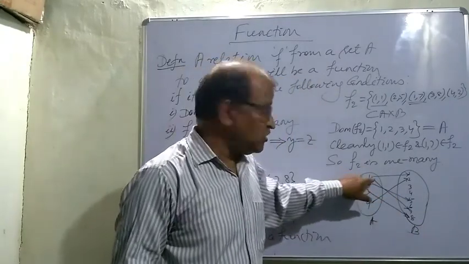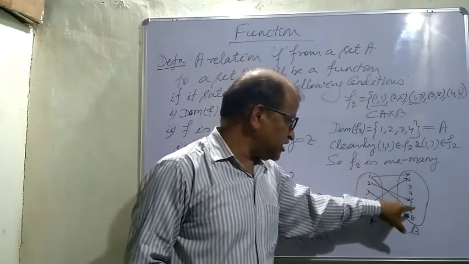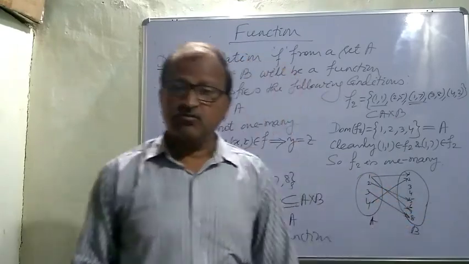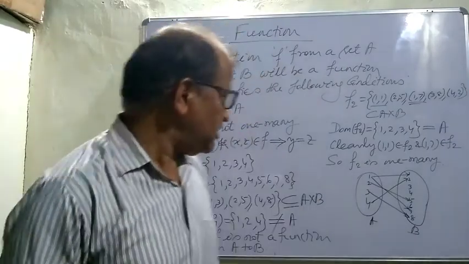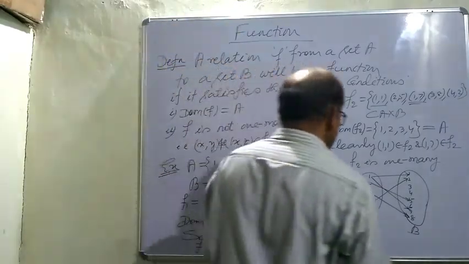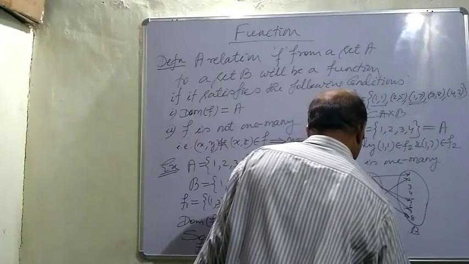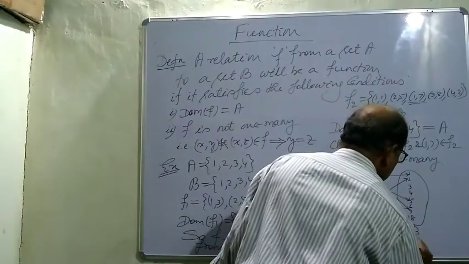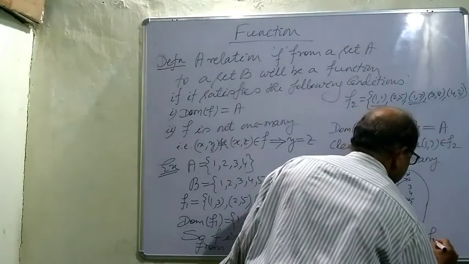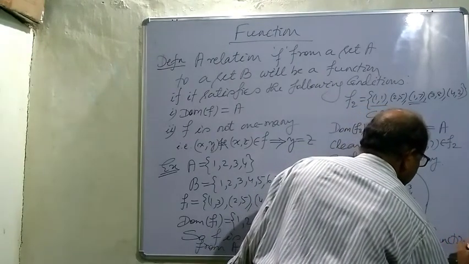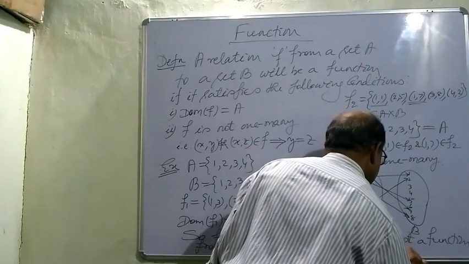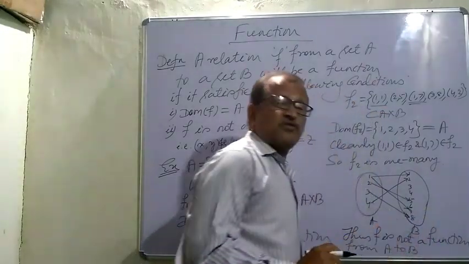You see, from 1 there are 2 arrow marks to B. So it is one-many, thus f is not a function from A to B.